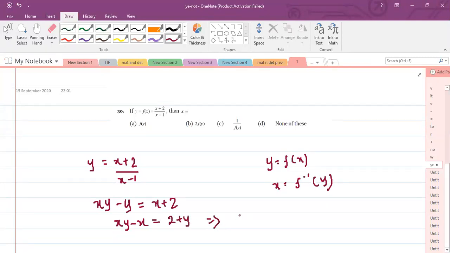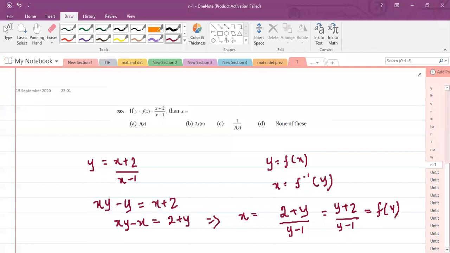Therefore x is equal to 2 plus y divided by y minus 1, which is the same as y plus 2 divided by y minus 1. This is nothing but f of y.